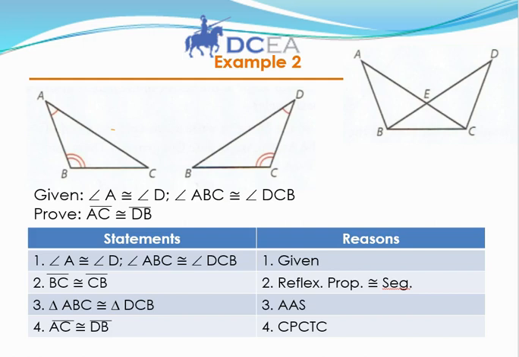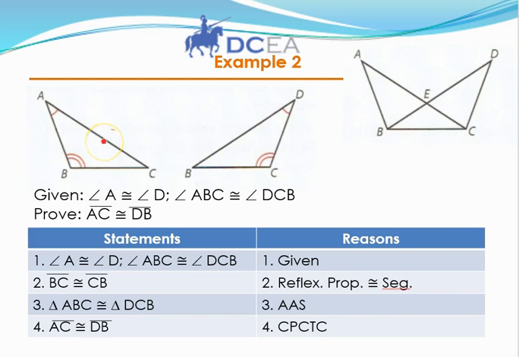So we have the original drawing, and now we have our triangles. Given that angle A is congruent to angle D, and angle ABC is congruent to angle DCB. So there's A and D with one arc, and ABC and DCB with two arcs.